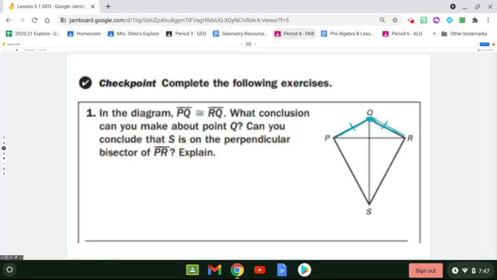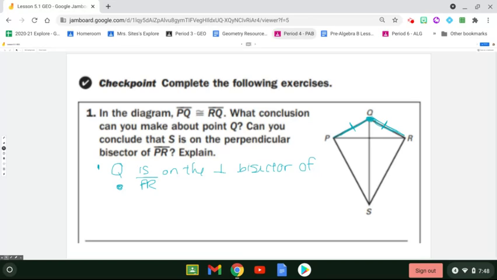If we have those two lengths that are equidistant, then we can say that point Q has to be on the perpendicular bisector of segment PR. Okay, and that's an application of the perpendicular bisector theorem. So that answers our first question.